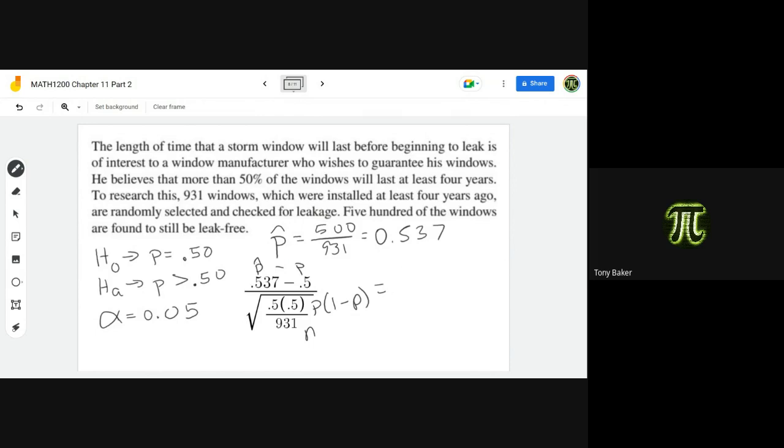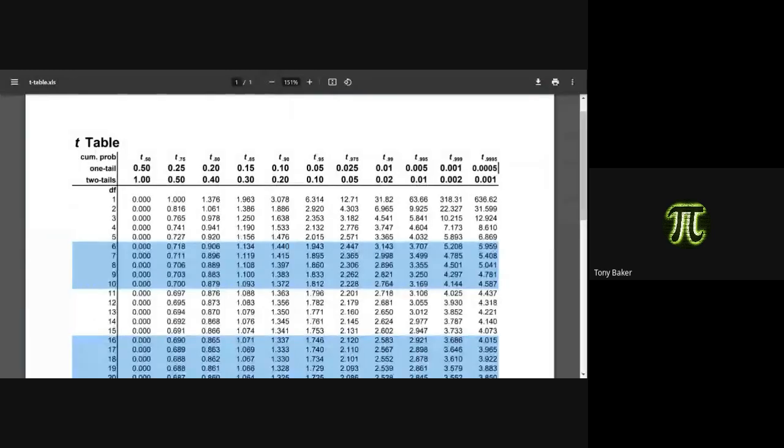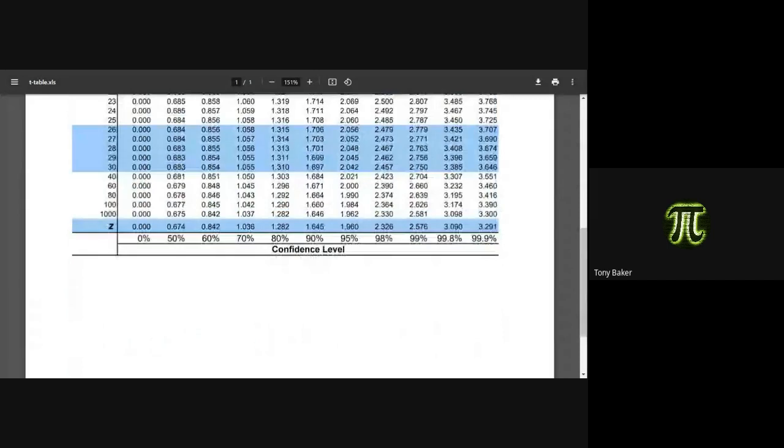This one comes out to be 2.26. Now if we look at our table, it's one-tailed at 0.05, so it's 1.645.